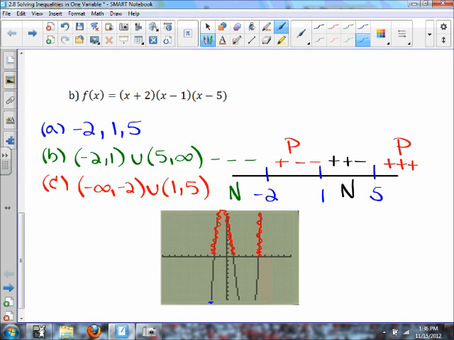And then from negative infinity to negative 2 will be negative. And then from 1 to 5, it'll be negative. So you can see that's what's going to happen. And then we'll also have zeros. I'll have a 0 here, here, and here. So there are my zeros.